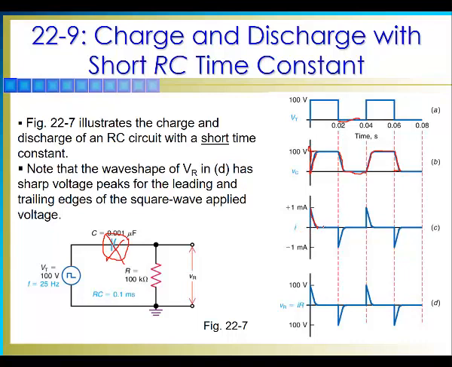And now there will be no current from the moment the capacitor is charged until the applied voltage is turned off. When that is turned off, there is no voltage applied here, so the source acts like a short circuit.